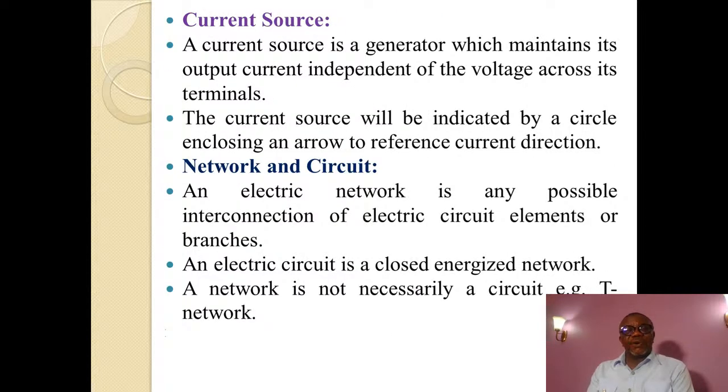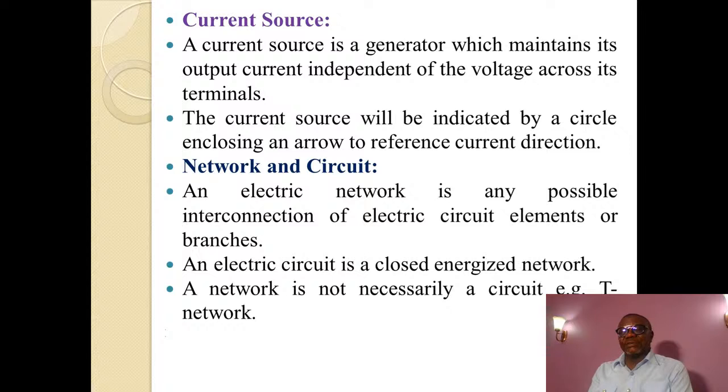Of course, the current source is also a generator which maintains its output current independent of the voltage across its terminal. The current source will be indicated by a circle enclosing an arrow to reference current direction.